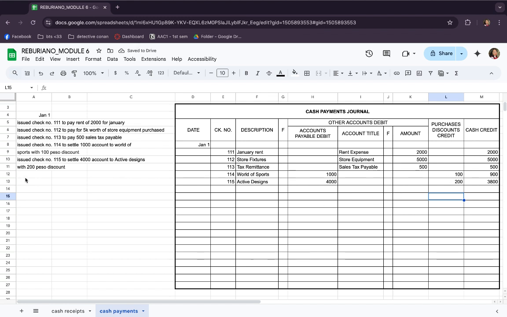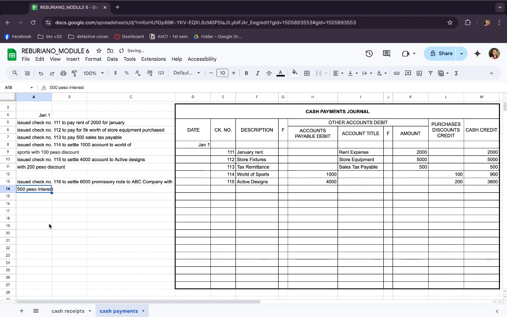So I would just like to add another transaction. Let's say issued check number 116 to settle a promissory note to, let's say, ABC company. Promissory note of 6,000 to ABC company with 500 peso interest.